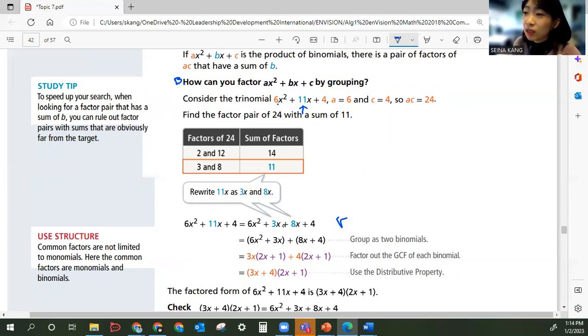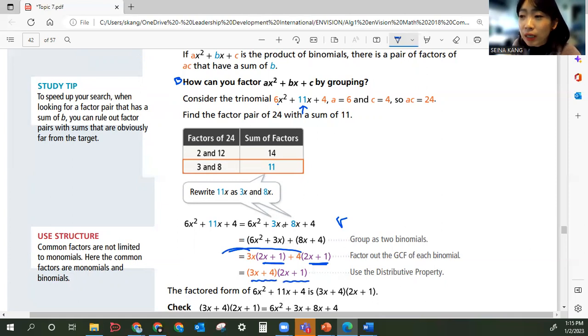Then we'll see the same factors when the binomials are simplified. It doesn't always work this way, but a lot of times it will. And then you can pull 3x and 4 out and make it a binomial times this.